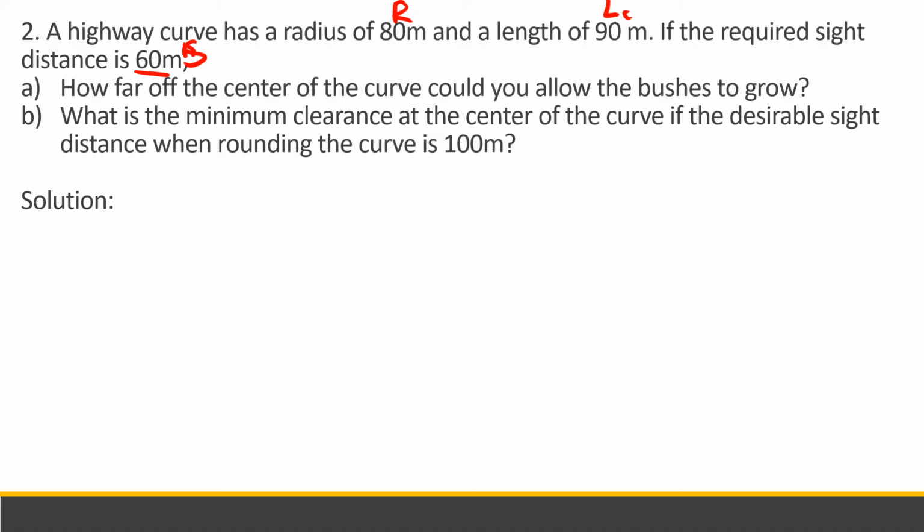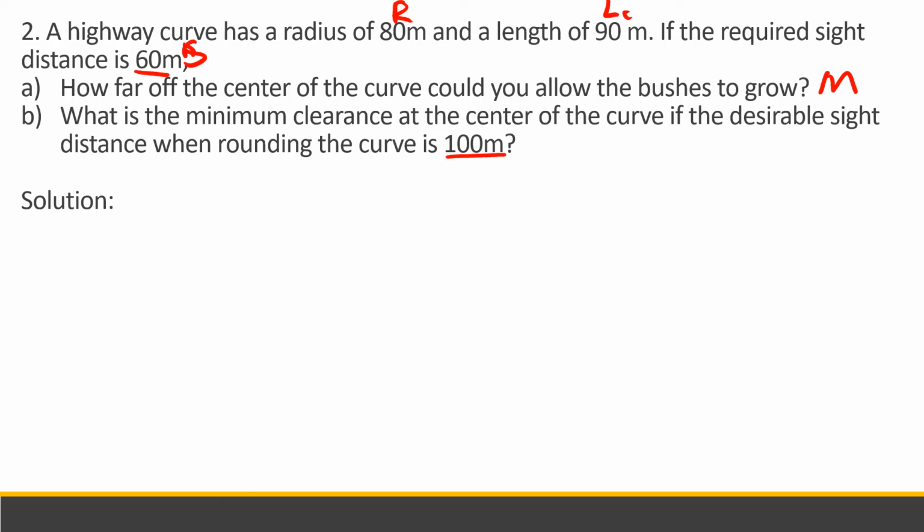And what is the minimum clearance at the center of the curve if the desirable sight distance when rounding the curve is 100 meters? So question here is yung M natin, middle ordinate, and if the length of the curve is 100 meters, ano daw yung minimum clearance natin?